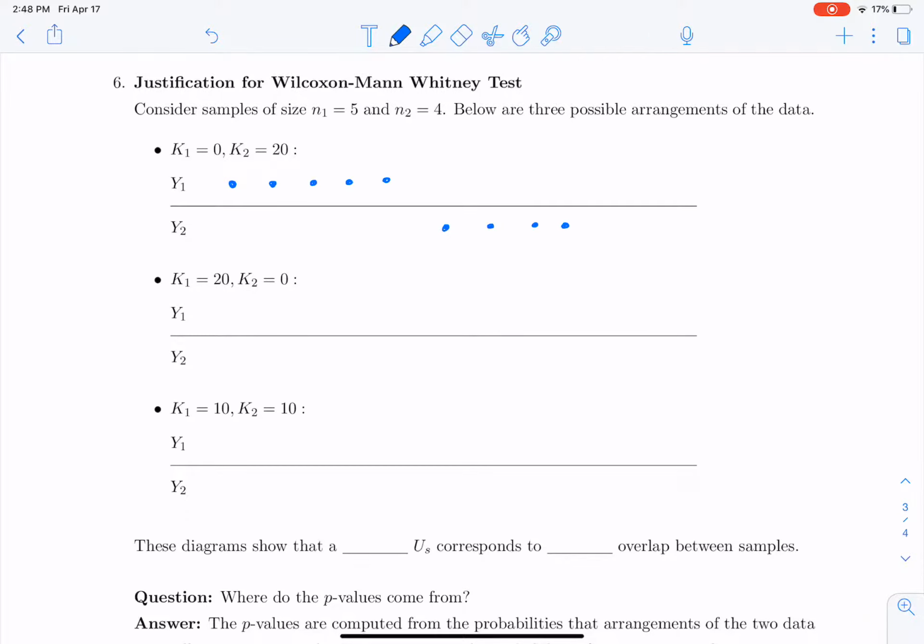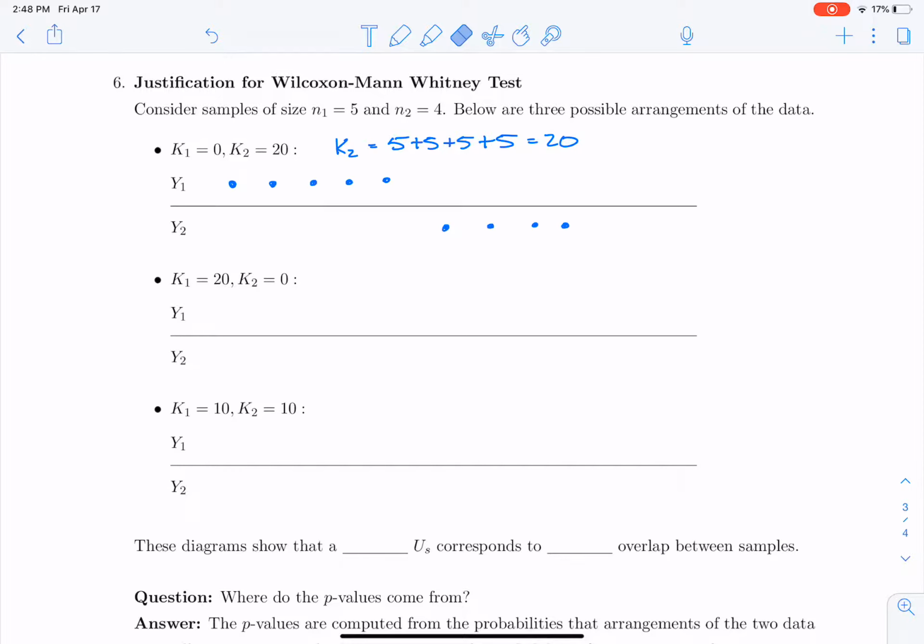And then if K2 is 20, that would mean that below each of the samples in the second group, there are 5 samples in the first group. So K2 would be 5 plus 5 plus 5 plus 5, which would give you 20. So this is the arrangement you would have to have of your data.